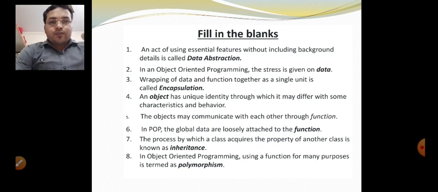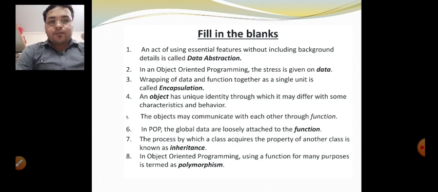The first one: an act of using essential features without including background details is called data abstraction, as I told you in my lecture. Whenever you are not giving the background detail to the user and you are just giving what is required for them, that is known as data abstraction. So data abstraction is your answer.